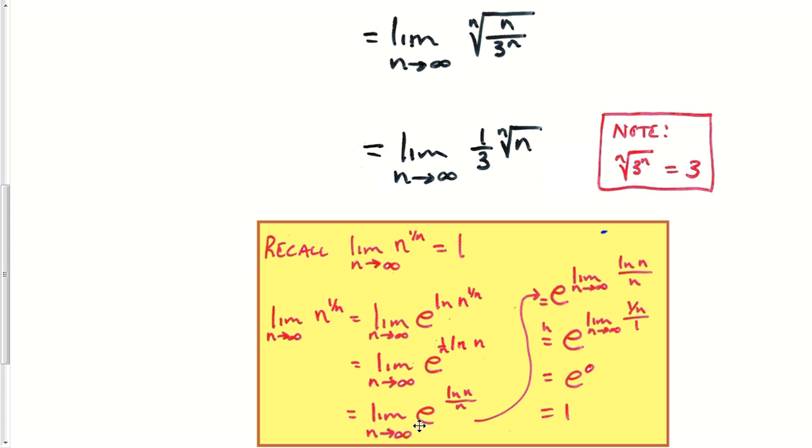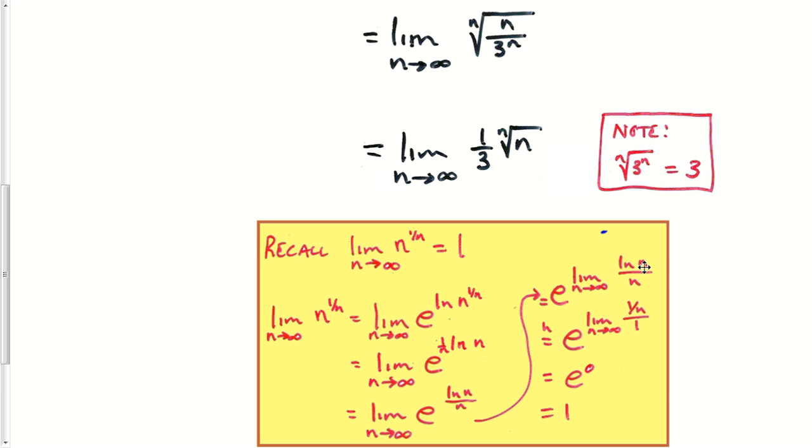Now it's maybe a leap for you to go from this stage to this stage, but I hope that you recall that from algebra, basically. So now if we're taking the limit of e to a power, that's the same thing as e to the limit of the power. I mean, e is constant, isn't it?